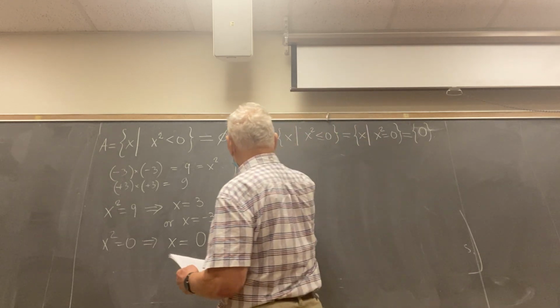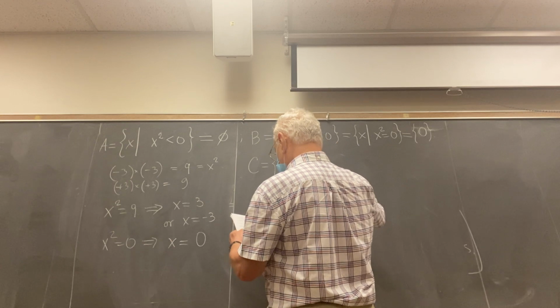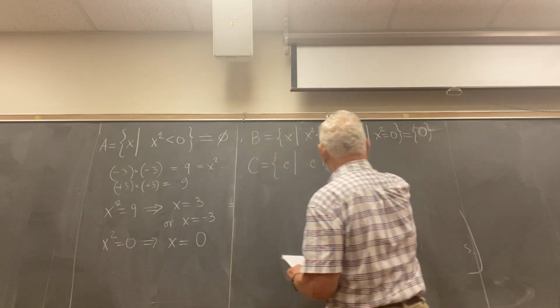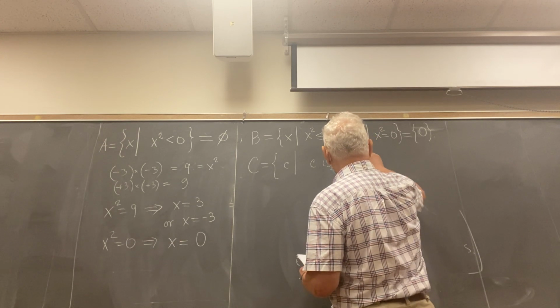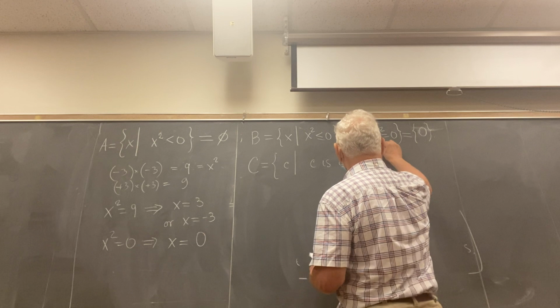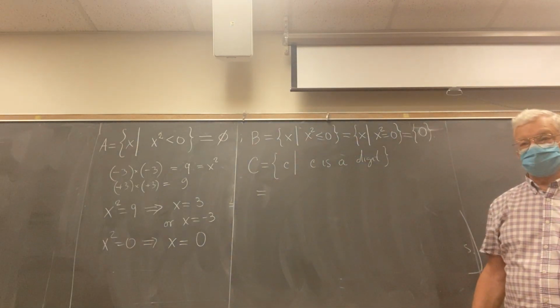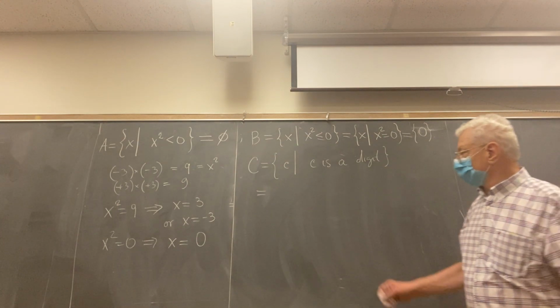One more thing. Say c is the set of all c such that c is a digit. How do we write it in the counting way? What are the elements?